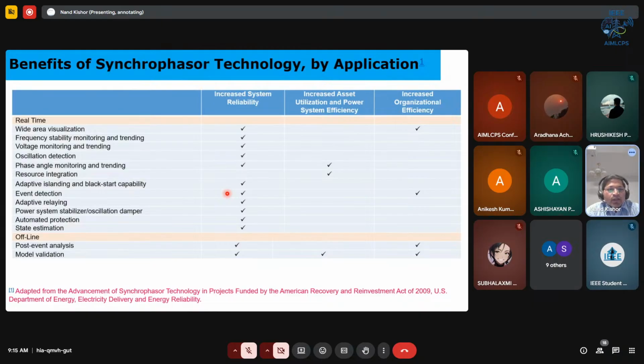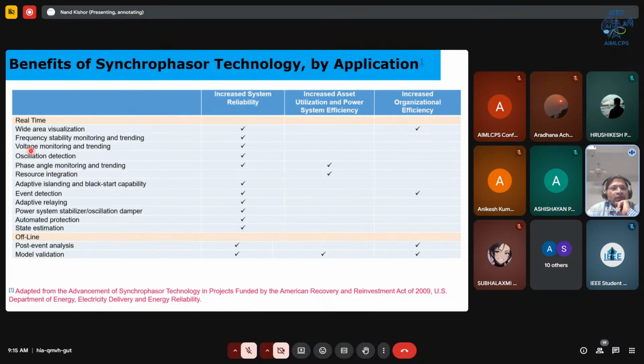Here we have a slide that shows the different applications and how phasor information could be useful. In general, it can improve system reliability, increase grid asset utilization, further improve power system efficiency, and increase organizational efficiency.